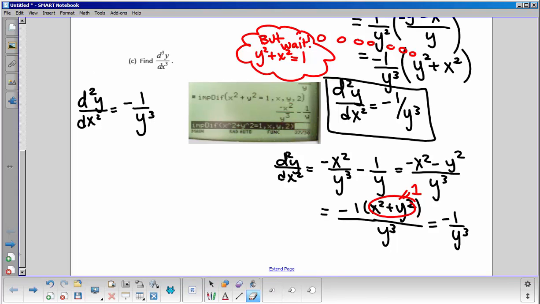Now, can I rewrite this in exponential form, where this is an easier derivative to take other than using the quotient rule? Right, so this would equal negative y to the negative 3. Good, Marianne.